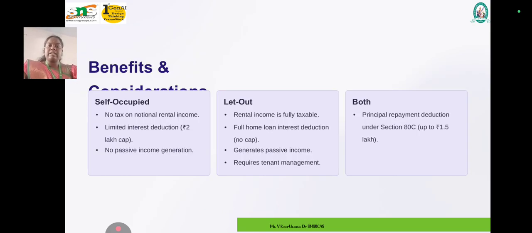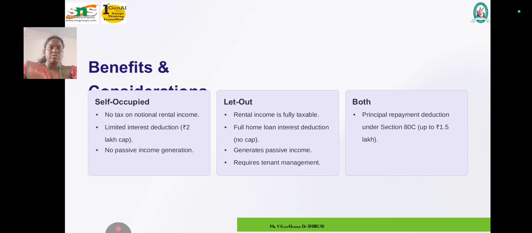Next, benefits and considerations for self-occupied, let-out or both. Coming to self-occupied, there is no tax on notional rental income, the interest deduction is limited to 2 lakhs, and no passive income is generated.